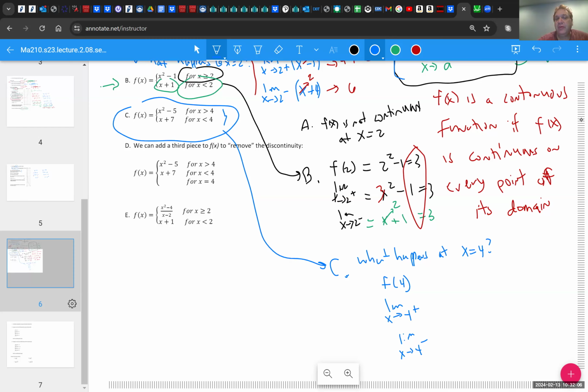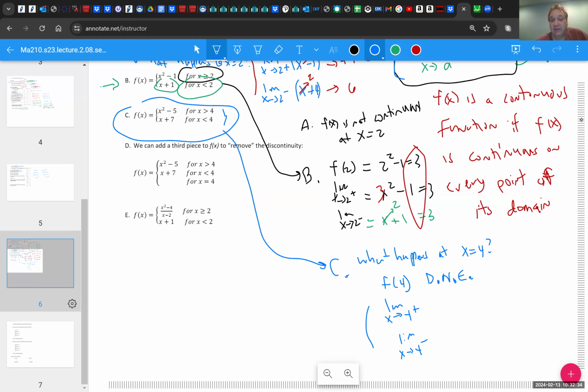The top branch only applies for values x greater than 4. And we cannot use the bottom branch because it only applies for x values less than 4. So the value of f(4) does not exist. We use DNE. I think you're used to that now in the WebAssign homework. DNE stands for does not exist. This is why it's important to test the value of the function. A lot of people focus on the limits, but you also have to test the value of the function.